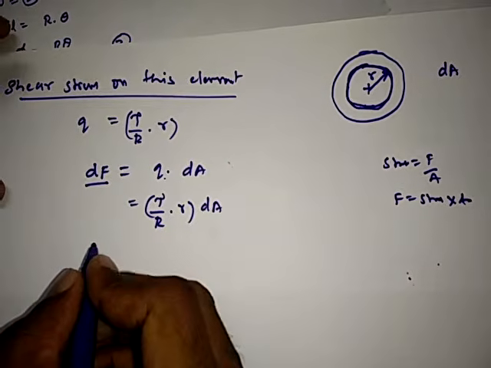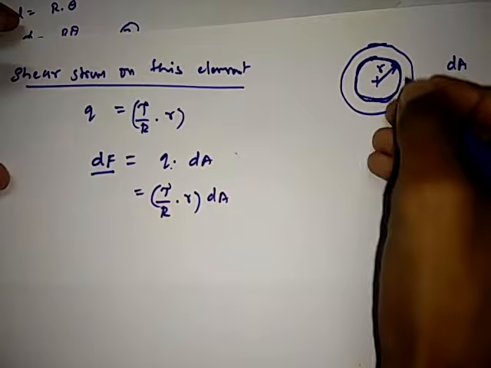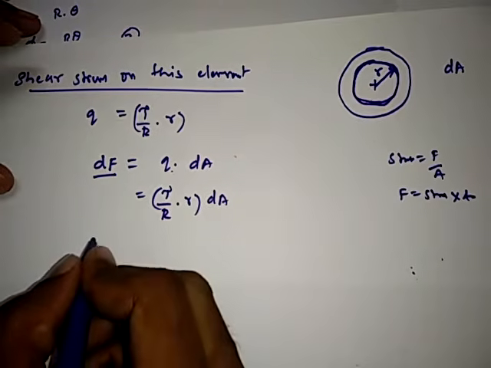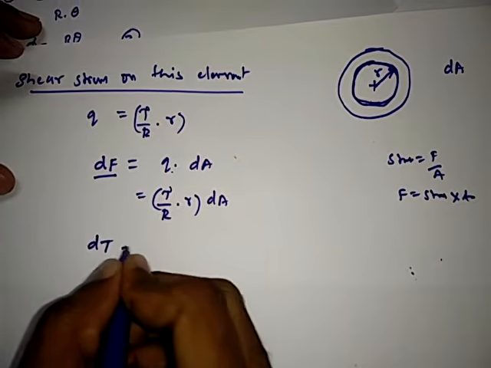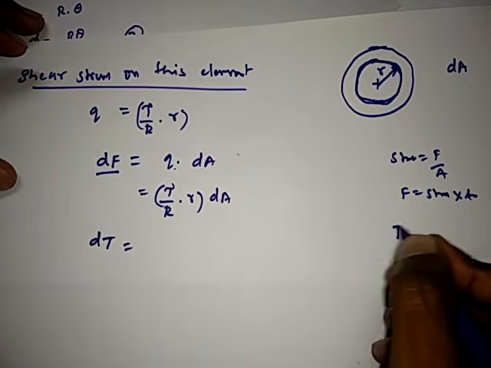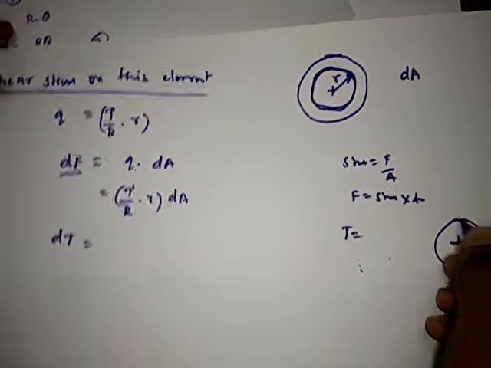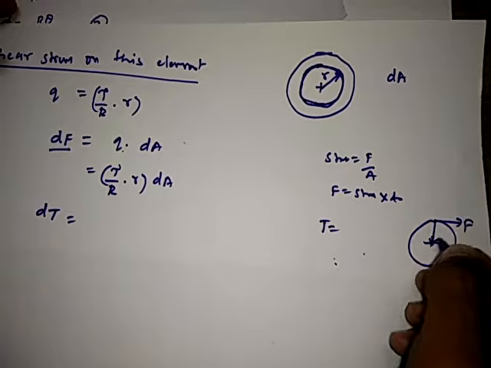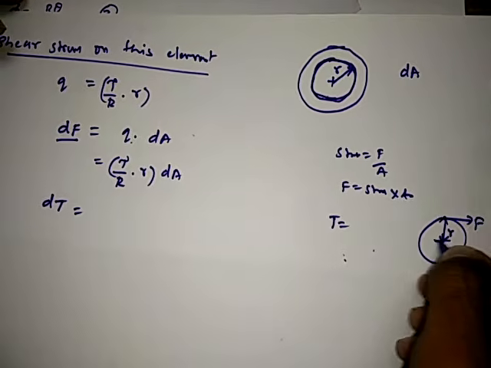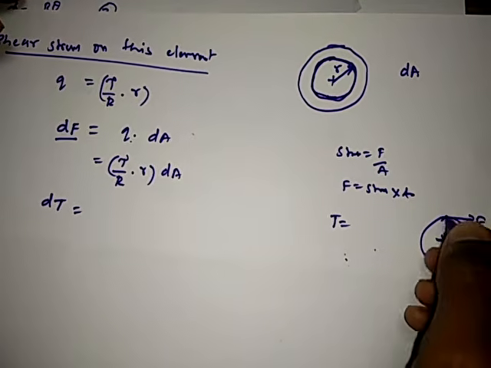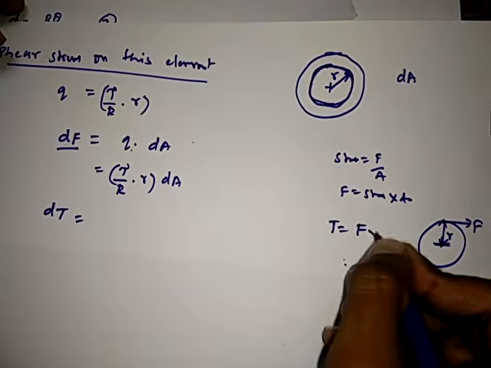And if I write the torque acting on this smaller element, let us take dT. From the basic definition, torque is nothing but force multiplied by the distance between the axis of rotation and the point of application of force. Simply, we can write F into r.